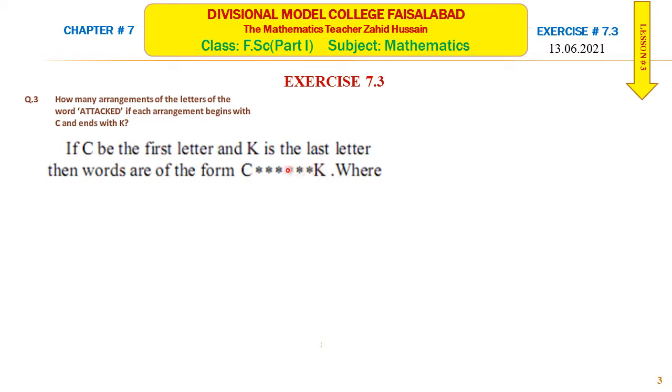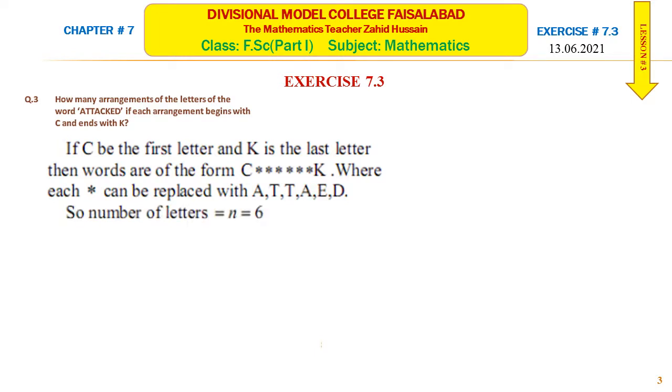So you have to fill these 6 places by using the different letters. C is removed and K is removed. The other letters are 6, and each of these stars will be replaced by any one of these letters. So the total number of letters remaining is 6.